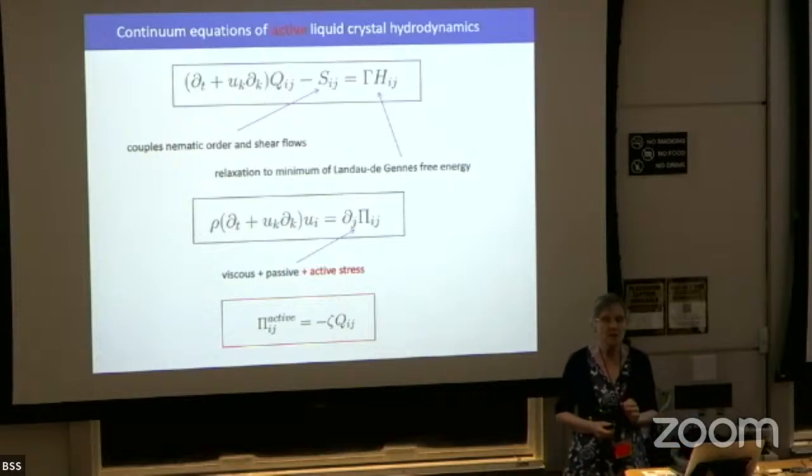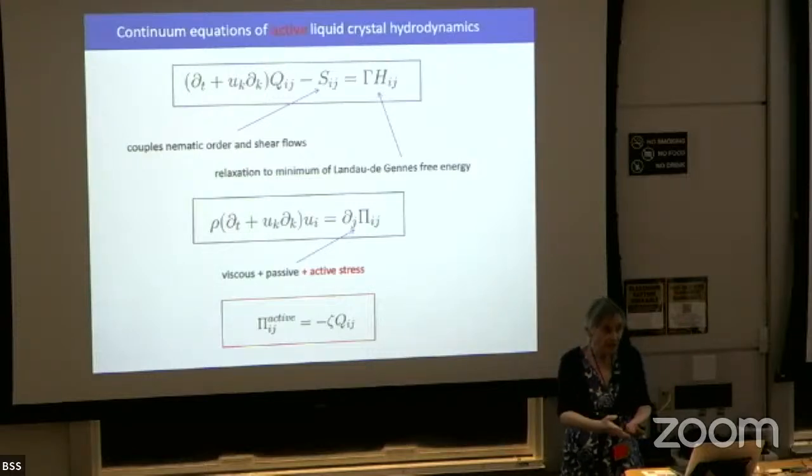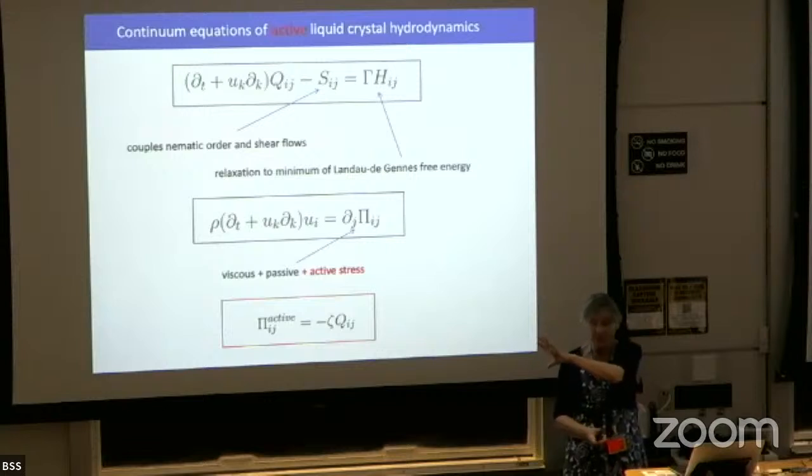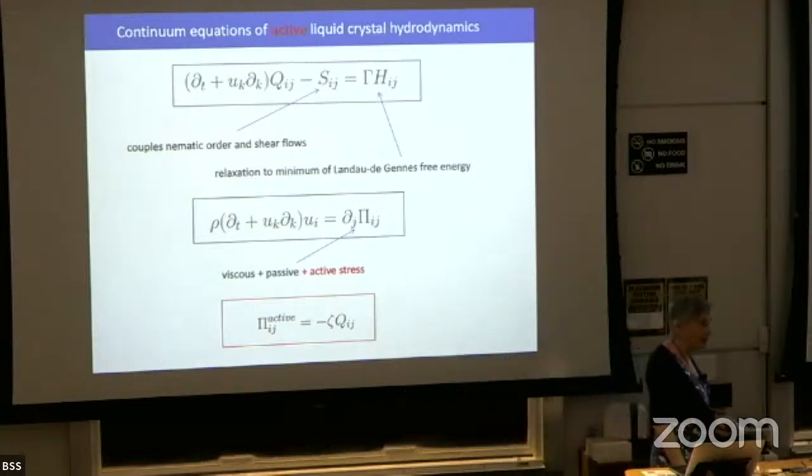Even though each of these little swimmers is moving in a polar way, we're always looking at lots of them. So when we average, there's no net polar direction. And indeed, even if you look at polar particles and then try and work out what's going on, the hydrodynamics needs a term like that. But people have worried about that.